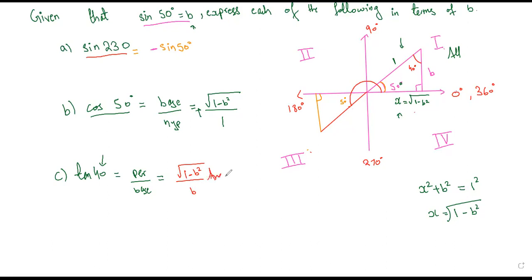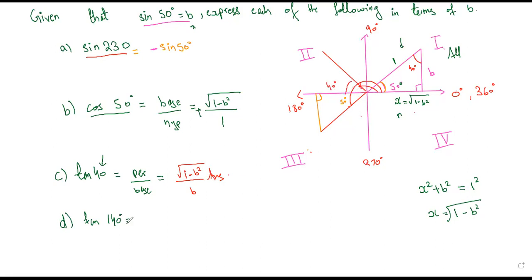And the last part is D, that says tan 140 degrees. So what is tan 140 degrees? Again, 140 is in the second quadrant. Very well done, very good. Yes, it would be the second quadrant. So we know that it is in the second quadrant, so this angle would be 40 degrees.